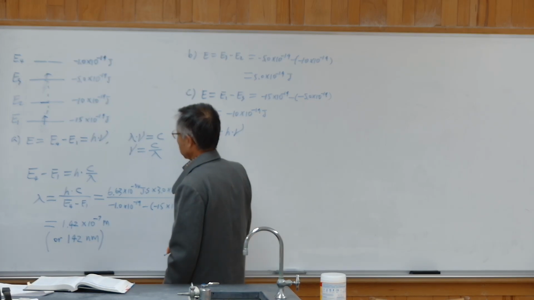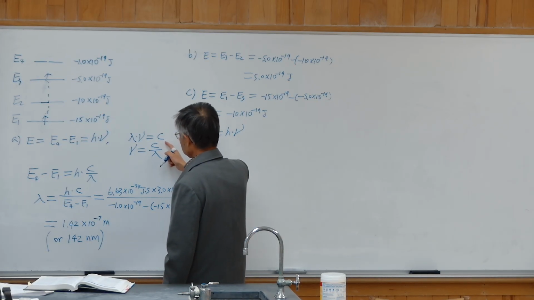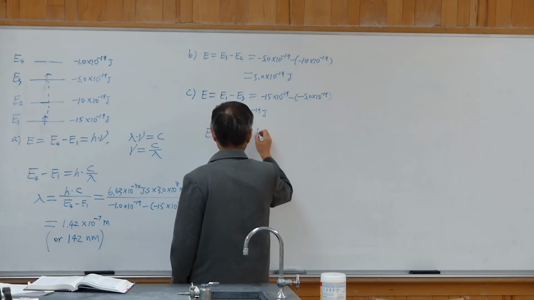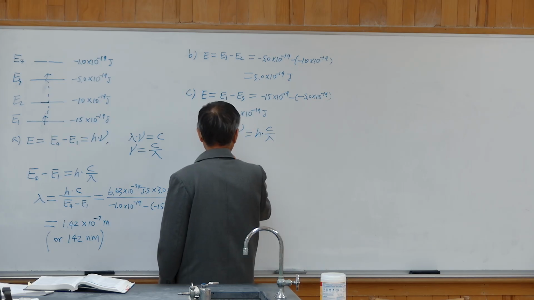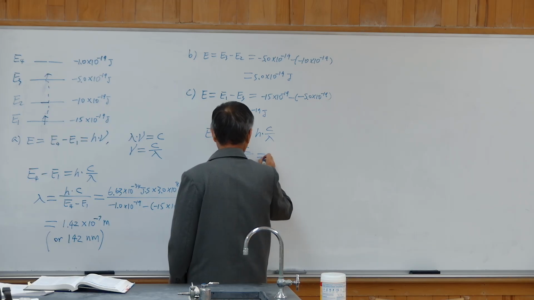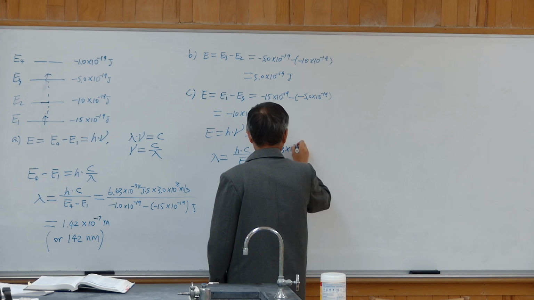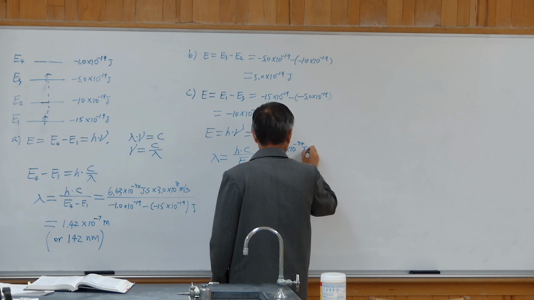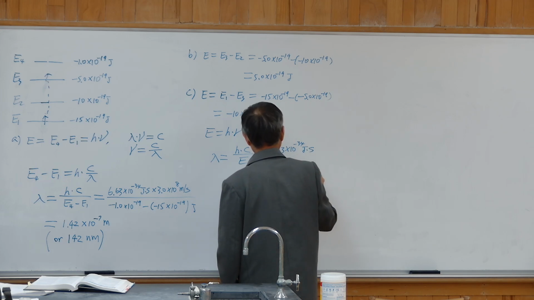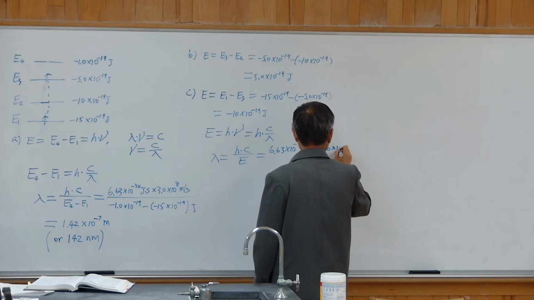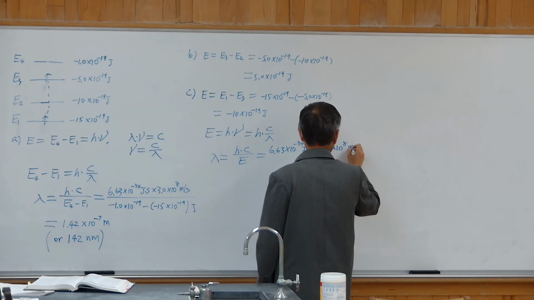So frequency times wavelength equals c. So nu equals c divided by lambda. Then lambda equals h times c divided by E. Okay. H is the Planck constant, 6.63 times 10 to the negative 34th power joule second. C is light speed, 3 times 10 to the 8th power meter per second.